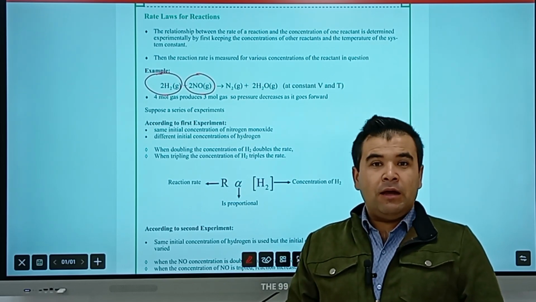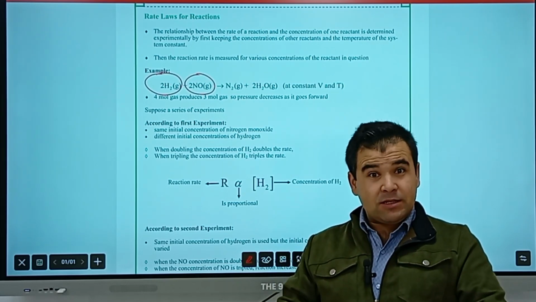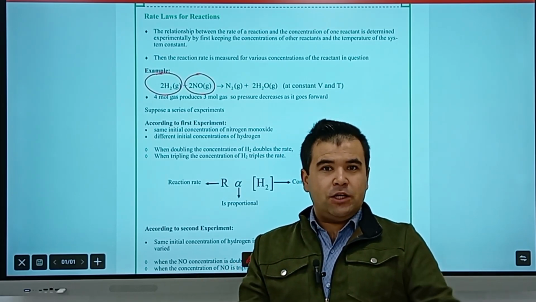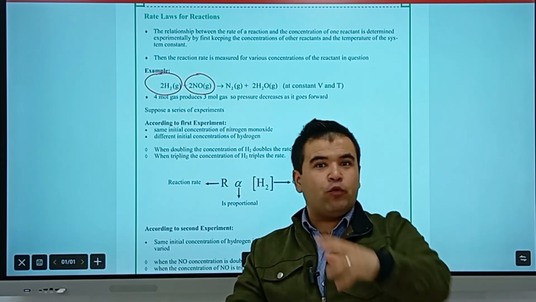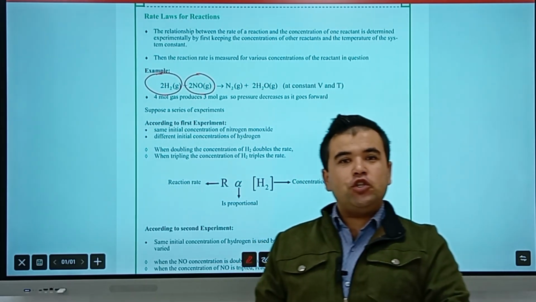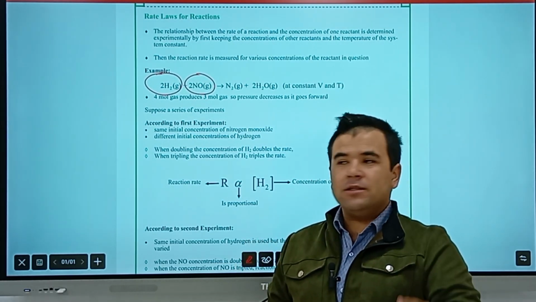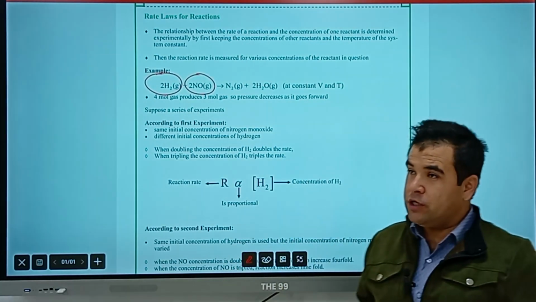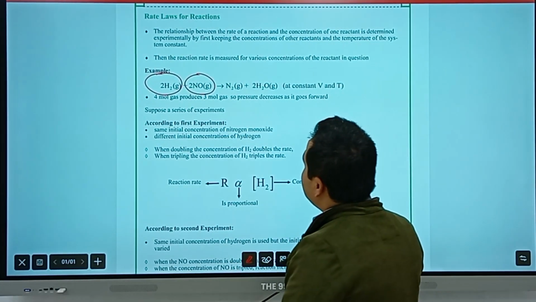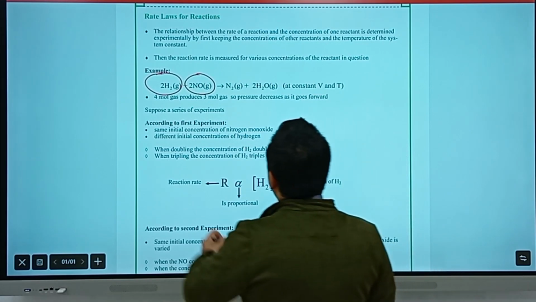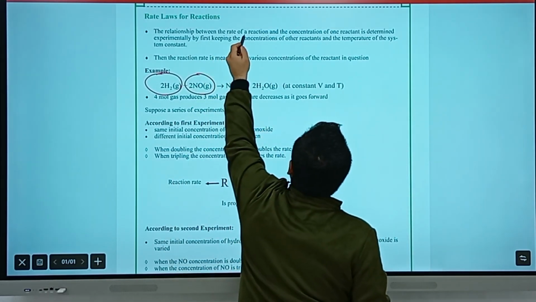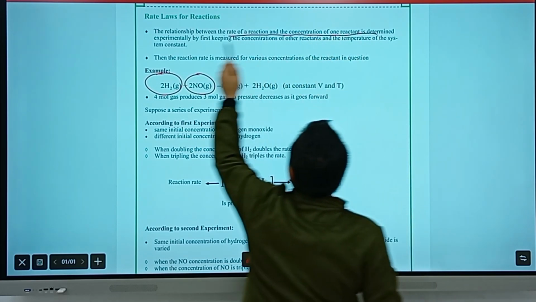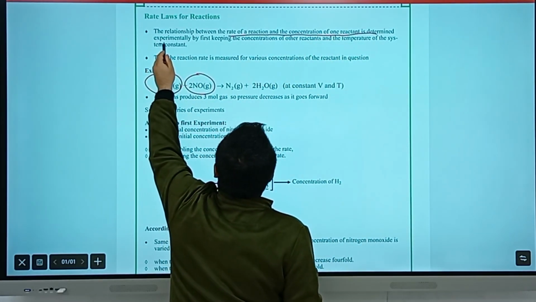But this is an example for the rate law as well. There are several reactants. In order to know the effect of individual reactants, we have to change the concentration of that reactant and then let the other reactants stay constant. Guys, the rate law is the relationship between the concentration of the reactants and the rate of the reaction.